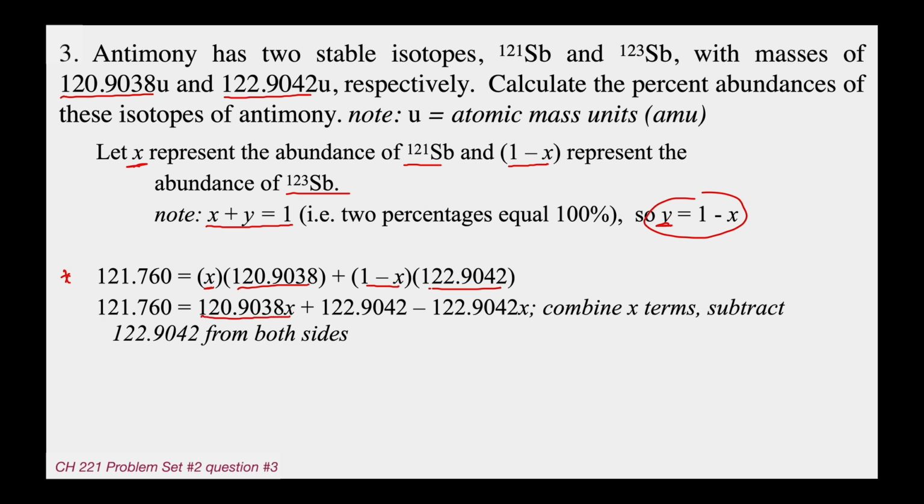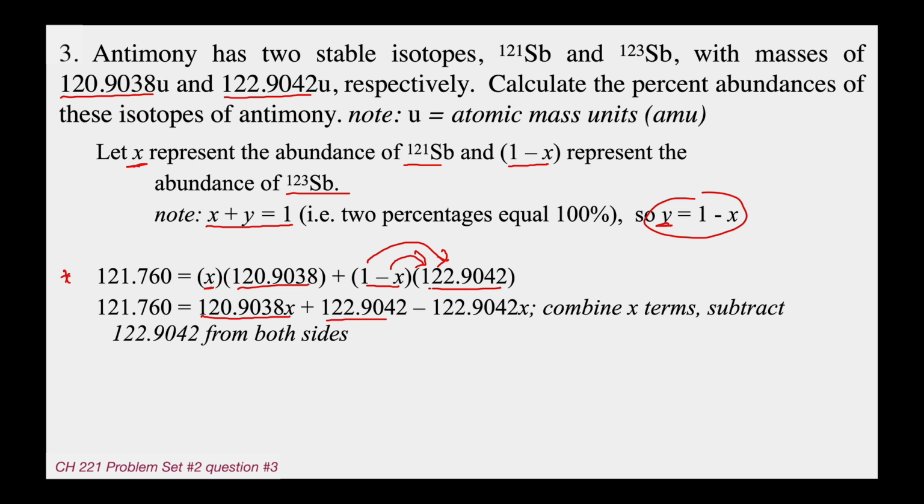And then we use what's called the distributive property. You start off by going 1 times 122.9042, and that's this thing right here. But then you also go minus x times that. So you have minus 122.9042x.